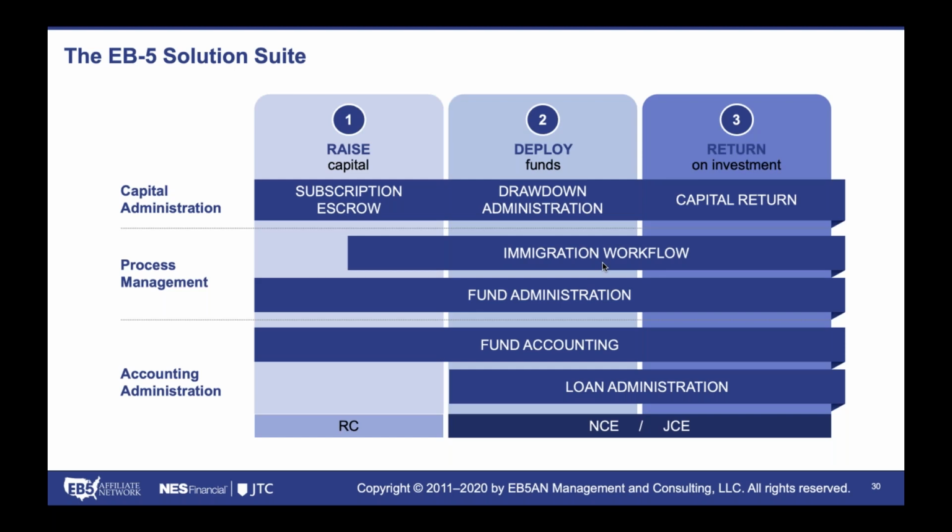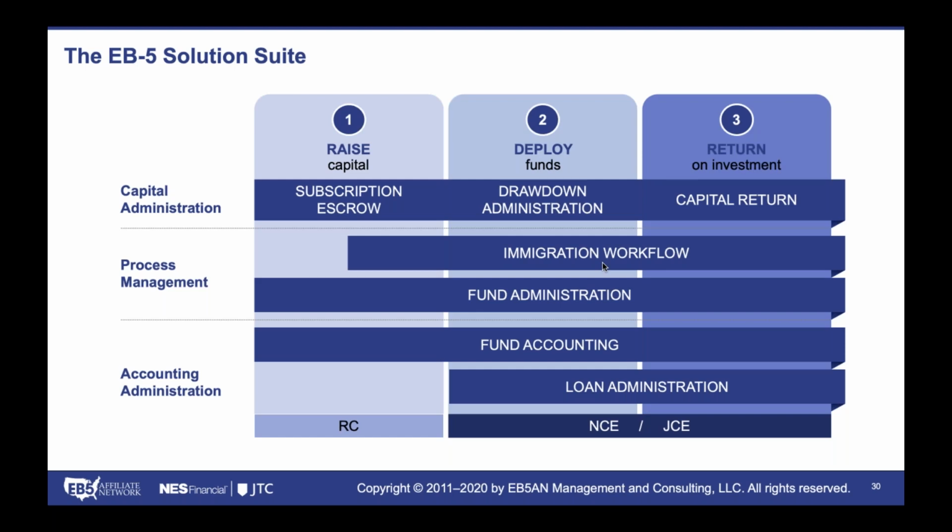Thanks, Mike. So the EB5 process, as we discussed, in some ways is just like any other private equity fund, where you have to raise capital, step one, then you deploy it, step two, and then step three, ultimately you benefit from the distributions or the return of capital.